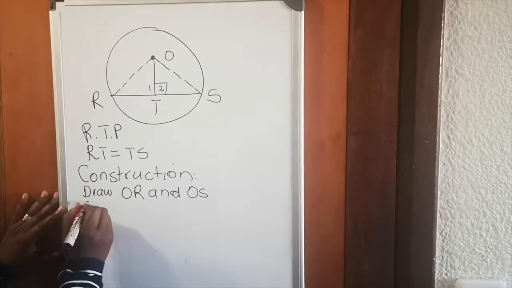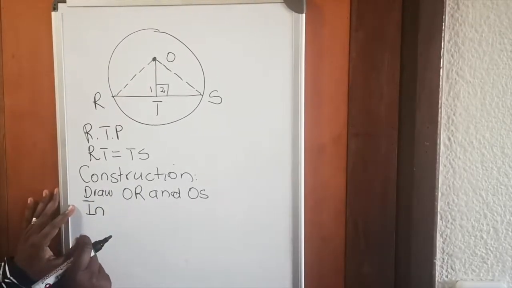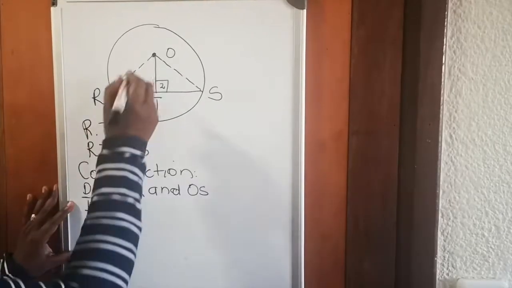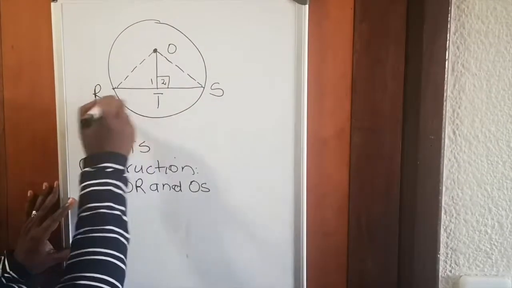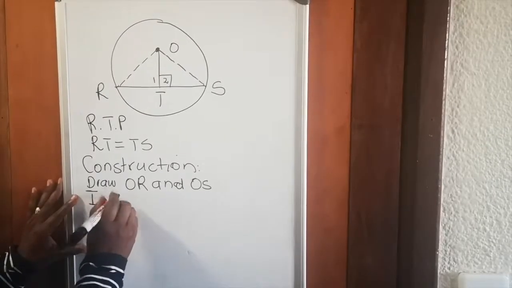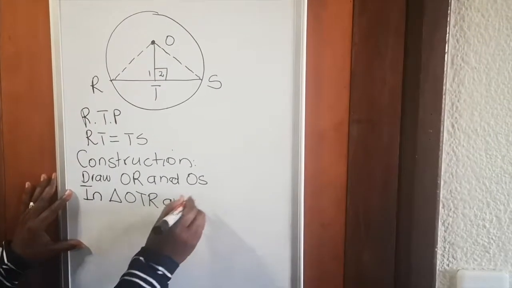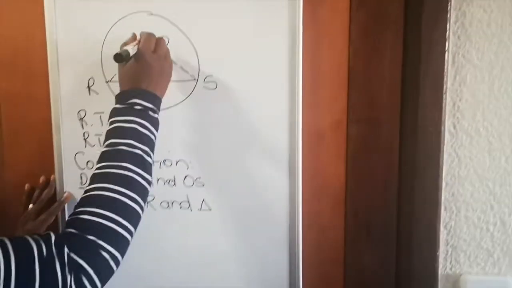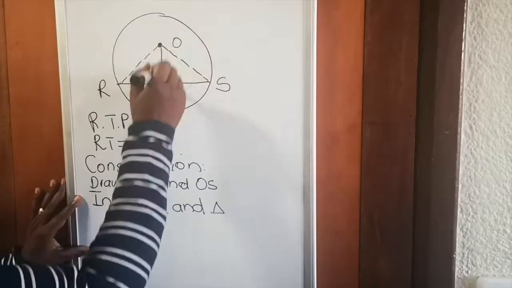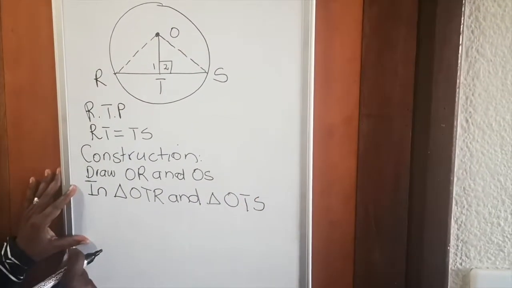In grade 9, you were taught that when you are proving 2 triangles congruent, you write the triangles. In triangle OTR and this other triangle, OTS.